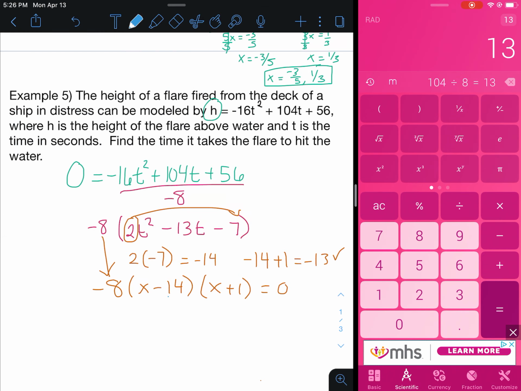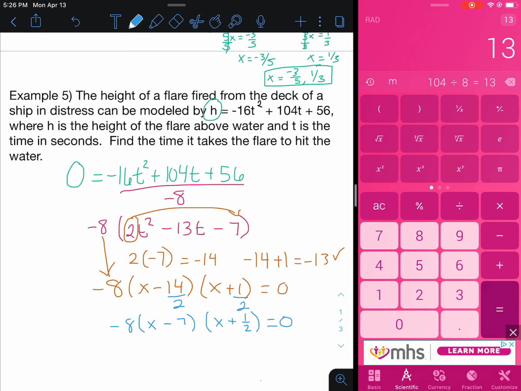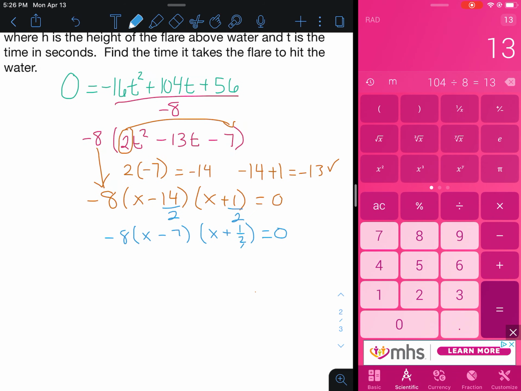Next, what I'm going to do is divide by my a value, which in this case was 2, because it's from that step that I have factored out my greatest common factor, not the very beginning, negative 16. So when I do that, this simplifies to x minus 7, and this is x plus 1/2 equals 0, and I leave the negative 8 out front. Now I'm going to do my bottoms up method. So now my final factored form is negative 8 times x minus 7 and 2x plus 1 equals 0.